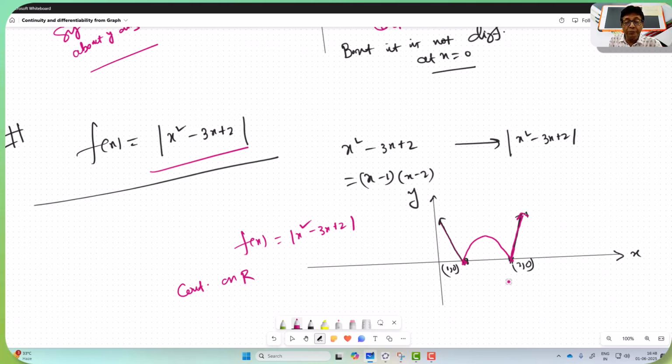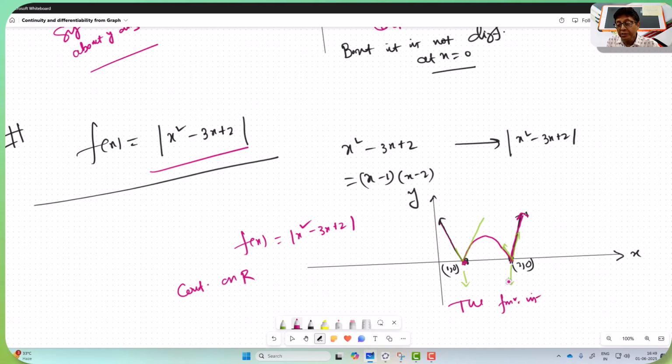But if you observe the slope of the tangent, in between points 1 and 2 there is a unique tangent everywhere. But at the point 1, a sharp corner is there. So at this point, it is not differentiable. Similarly, at the point 2, the slope of the tangent has two values, one this way, the other in this manner. So the function will not be differentiable.